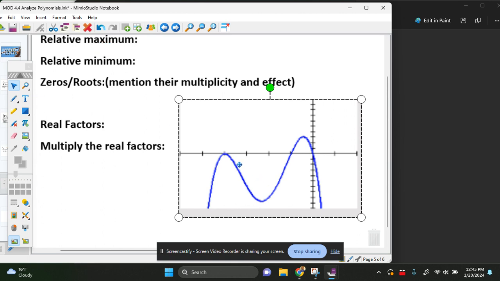First thing we need to do is find the relative maximum and relative minimum. So this one I'm pretty confident is right at x equals -4. So -4, 0. Looks like there's a relative maximum there. This one is not near as obvious, right down here.